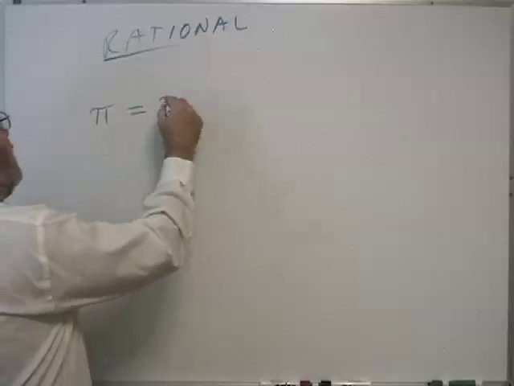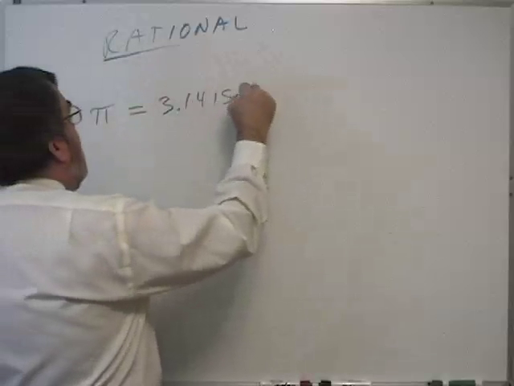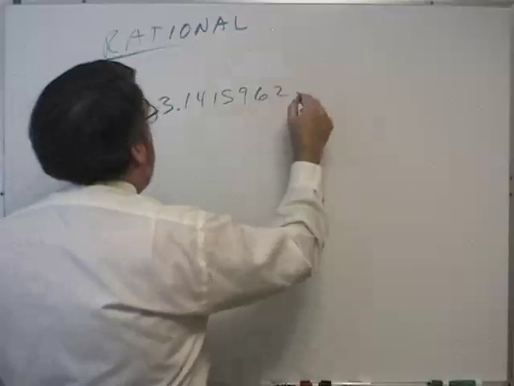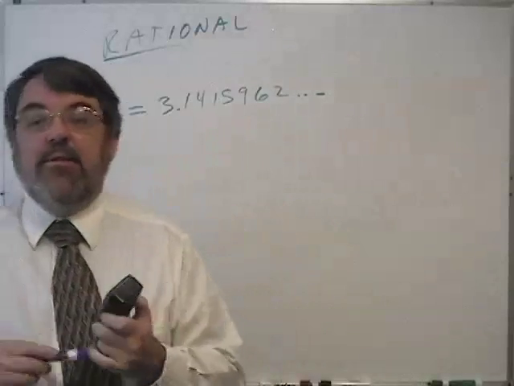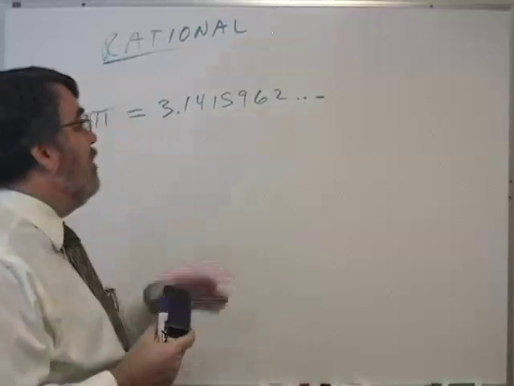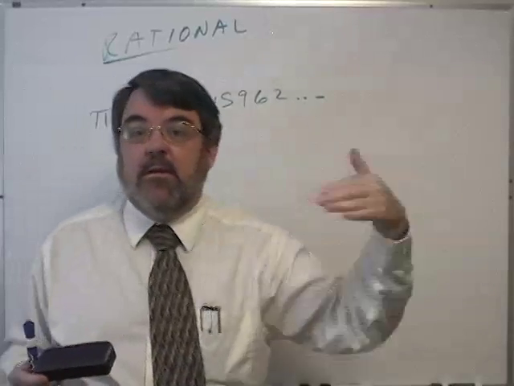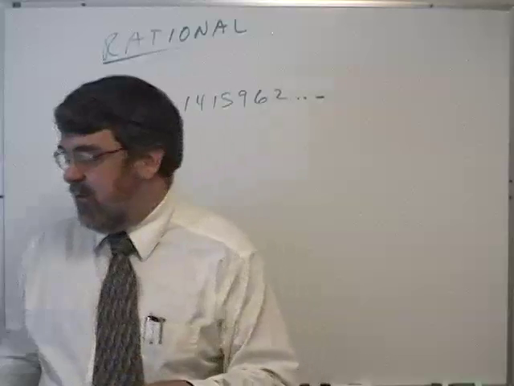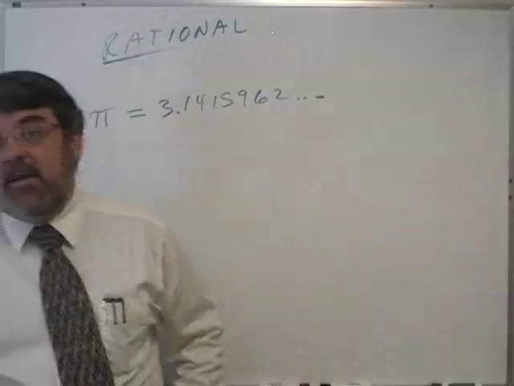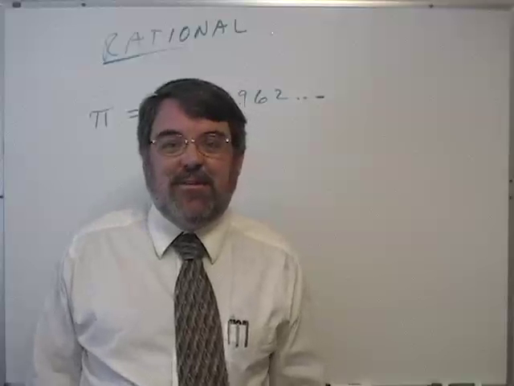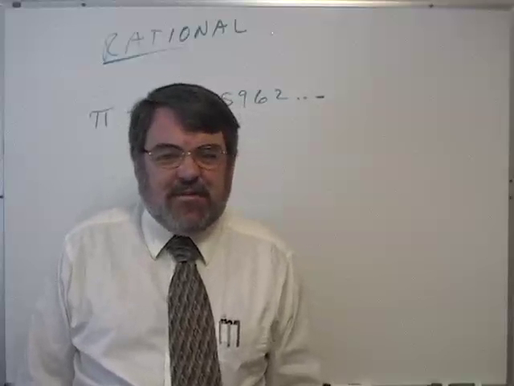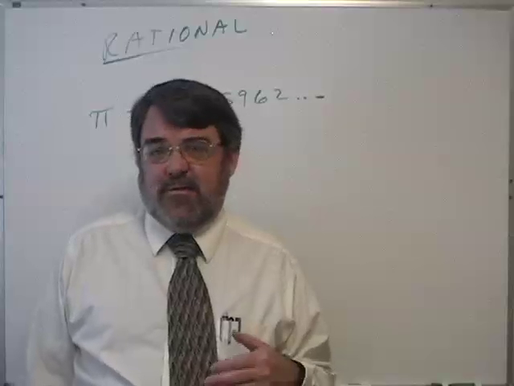is approximately 3.1415962, and it goes on and on and on. And there is no recognizable pattern to these digits. In fact, pi has been calculated to several hundred billion decimal places. You might wonder, why in the world would anybody be interested? It's not interesting, except for one purpose.